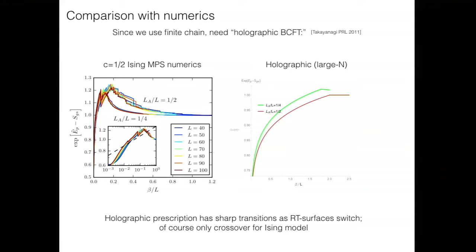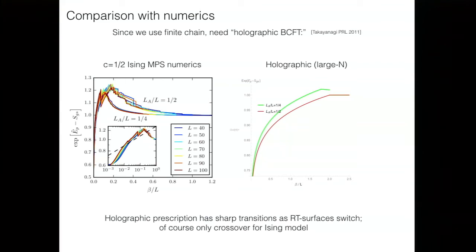So first, we have to extend the holographic prescription a little bit. The numerics we do on a finite chain rather than a disk. So the first thing is expanding the dictionary to include the effect of the boundary. So this again is using Tadashi's holographic boundary conformal field theory. So the result actually depends on the boundary condition.